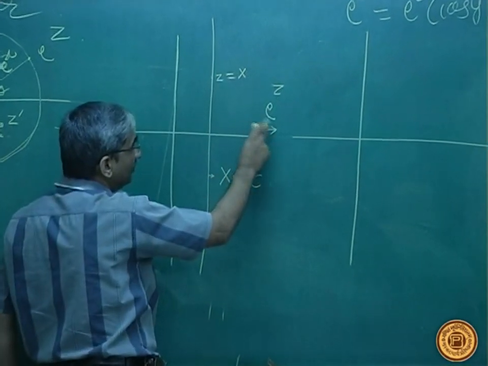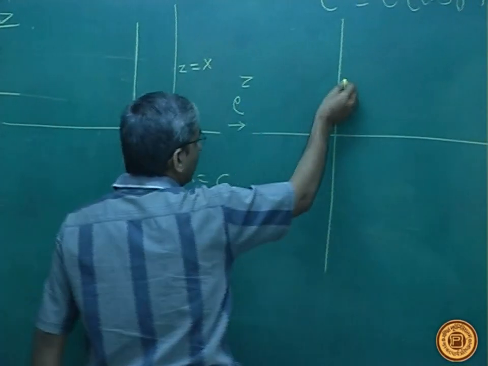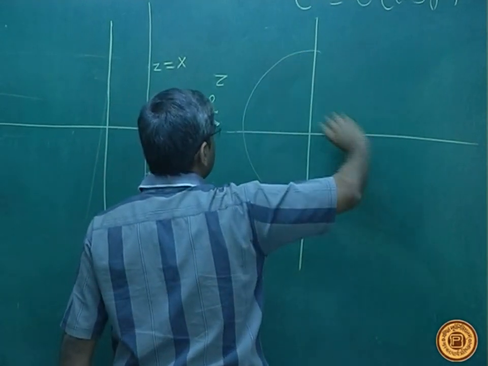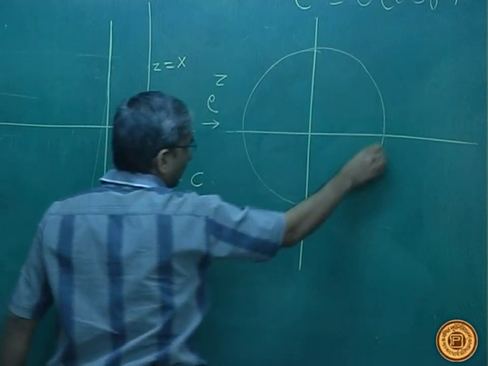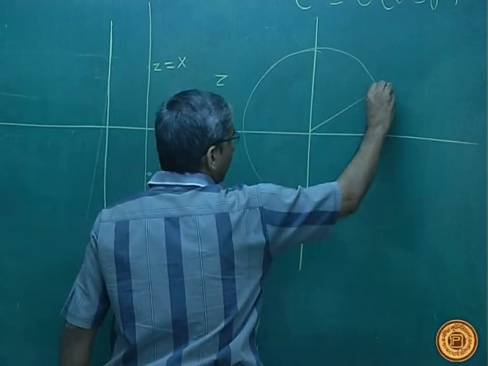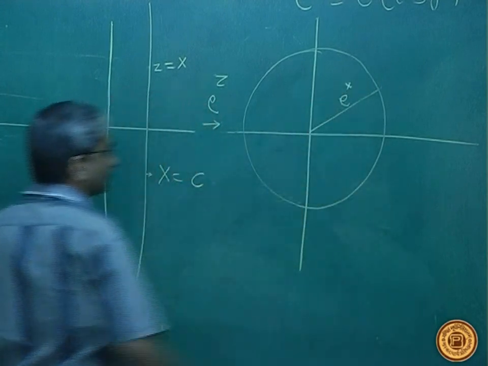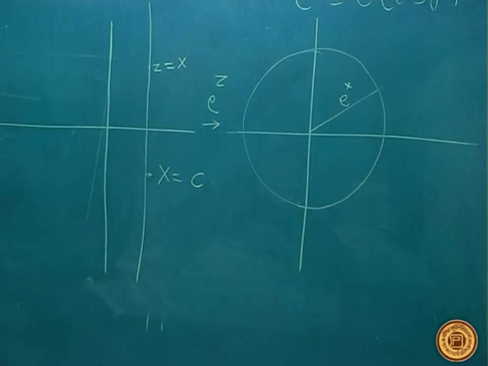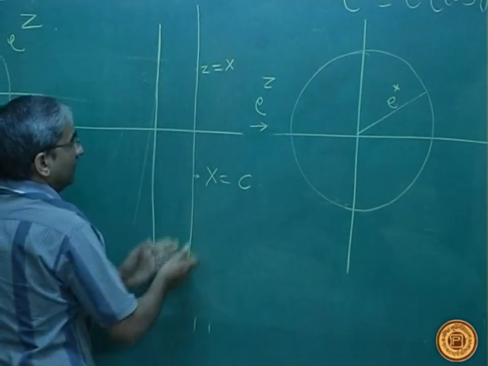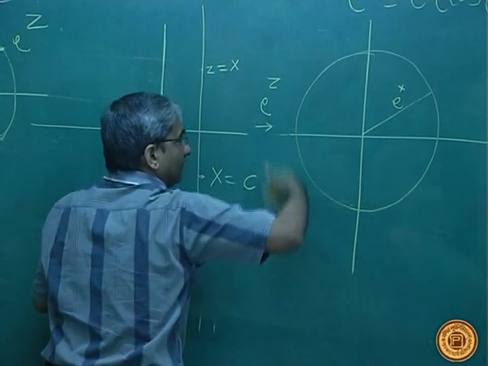The modulus of this is e to the power x. So suppose this is a circle with center at origin and radius e to the power x, then this entire line will go onto this circle.